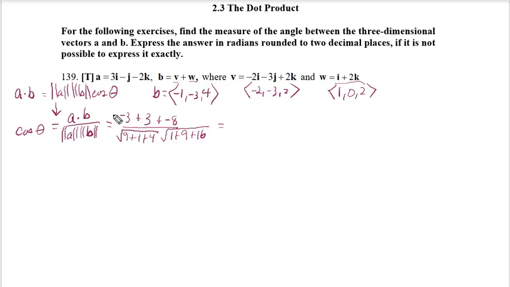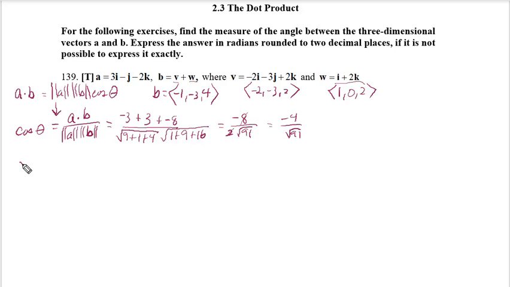So this comes out to be, in the top, a -8, and in the bottom, this is the square root of 14. This is the square root of 26. You have to work this out on your calculator, which comes out to be 2 square root 91. And we can simplify this to be -4 over square root of 91.